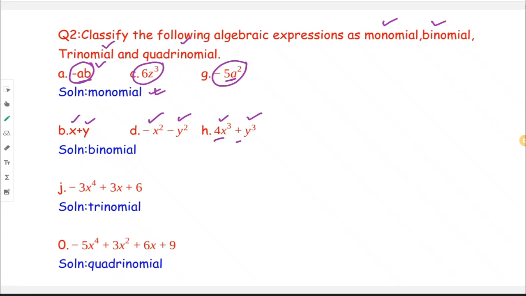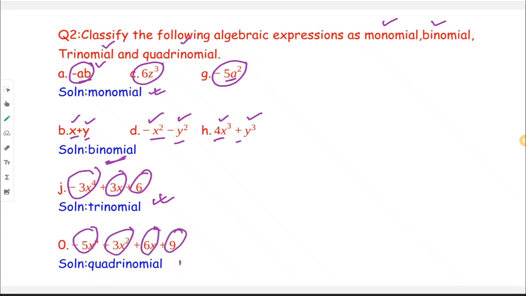So these are binomial. Next, trinomial, that means 3. This is your first, this is your second, and this is your third. So these are trinomial. And the last, this is your first term, second term, third term, and fourth term. There are 4, which means these are quadrinomials.